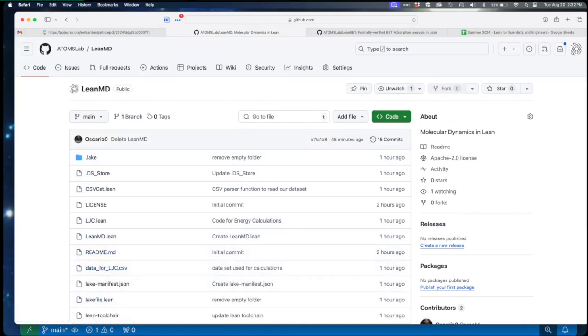The lake file.lean is, well, no, yeah, I had lake file.lean in LeanMD. No, this isn't working either.